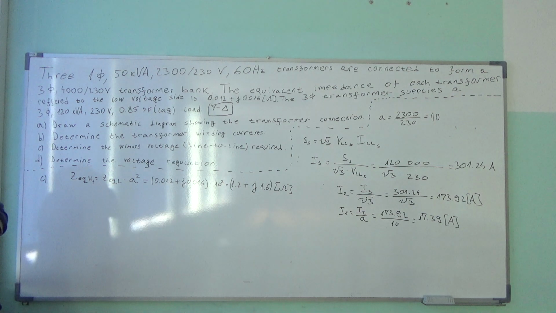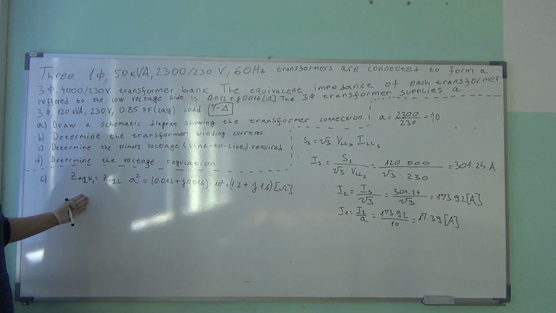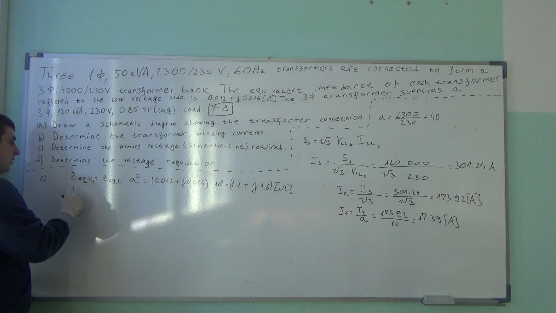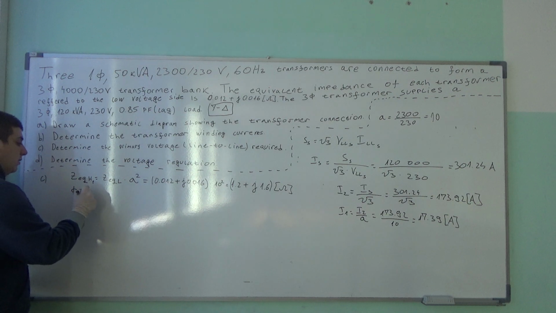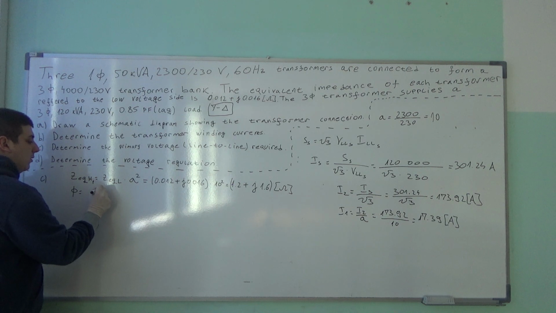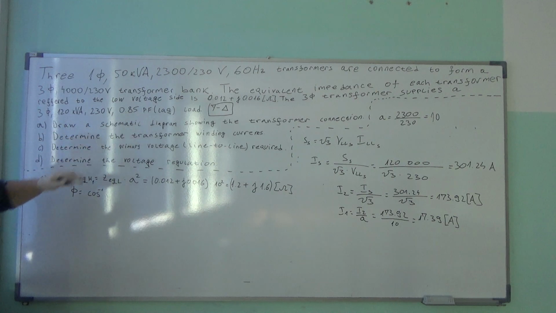Now the rest is really easy. The power factor angle phi is equal to the inverse cosine of the power factor, which is 0.85.